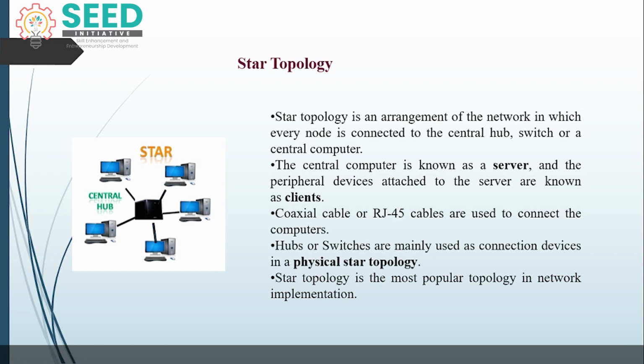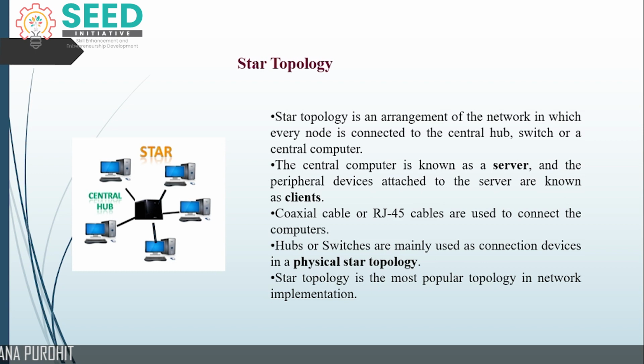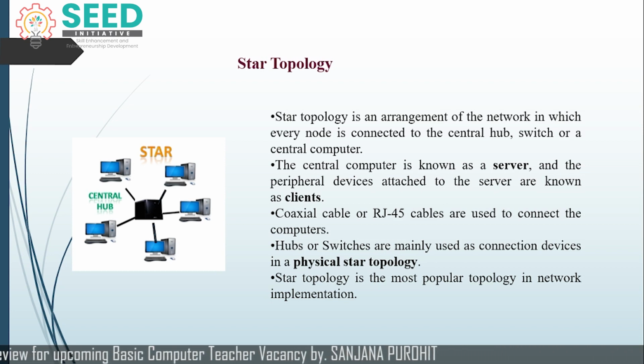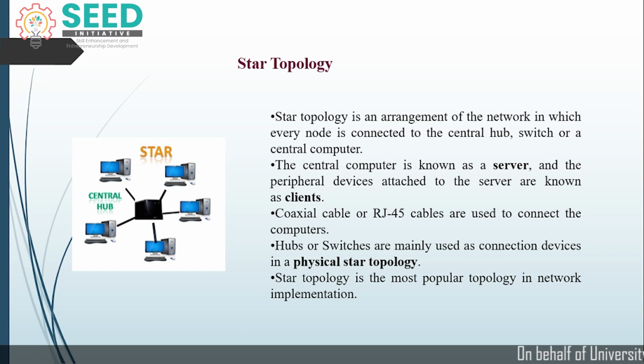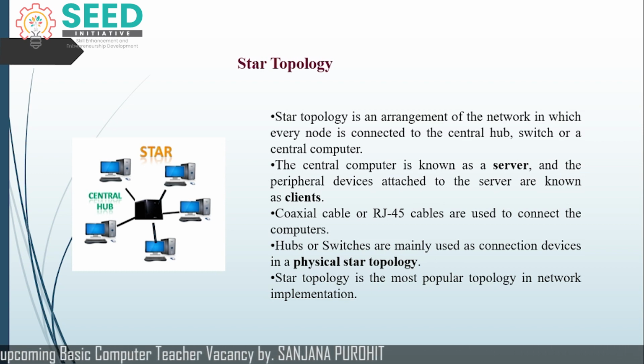Next point is coaxial cable or RJ45 cables are used to connect these computers. There are mainly two types of connection devices, which are hubs and switches, used in the physical star topology. The star topology is the most popular topology in network implementation.